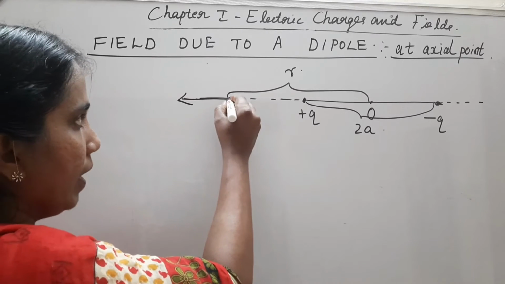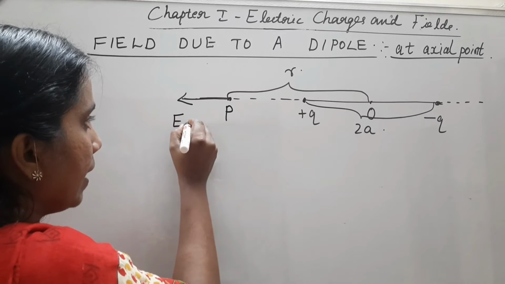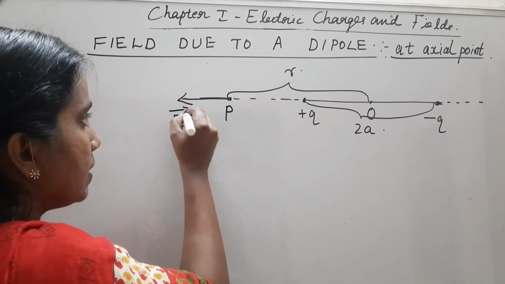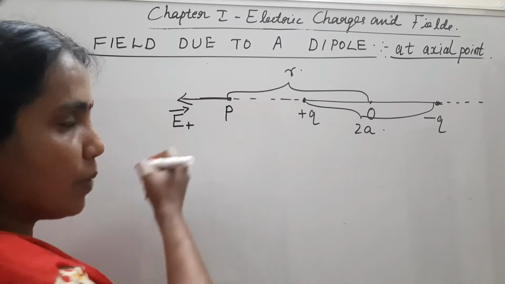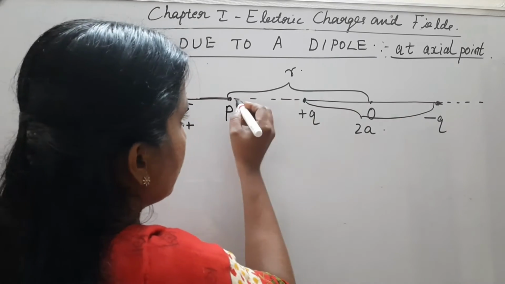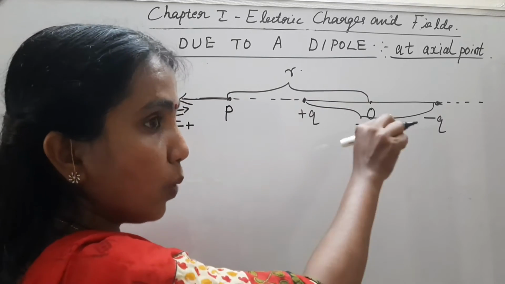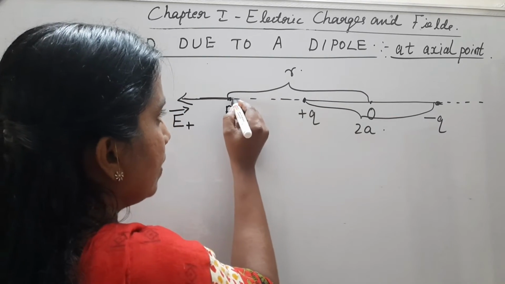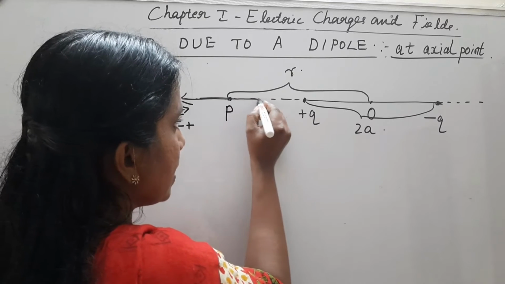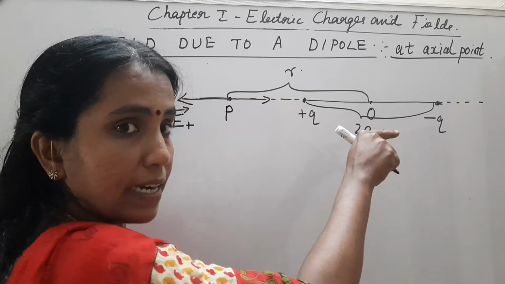At the point P, I represent the field due to the positive charge as E plus. So E plus stands for the field produced by the positive charge. Similarly, the negative charge produces a field here which is directed inward, that means towards the charge. So here the field due to the negative charge is in this direction, that means towards the negative charge.